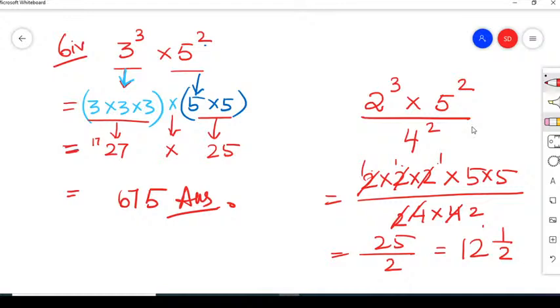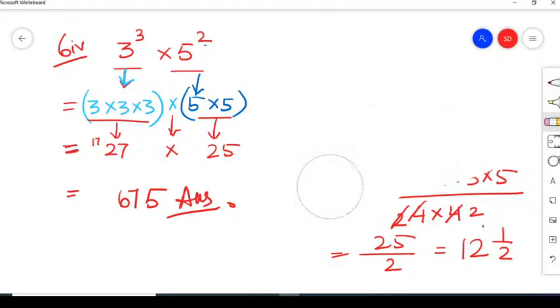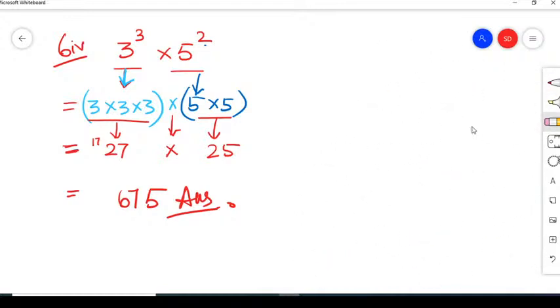Maybe we'll do this in the next class in detail. I'm just giving you an overview. This is not a second process, it's a second sum. I just gave you an example that any other kind of sum can also be given, with as many powers in the numerator and denominator.